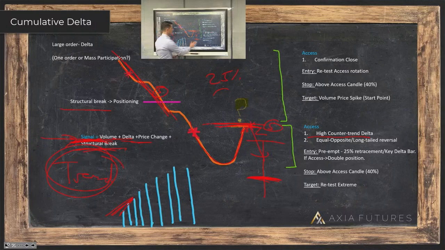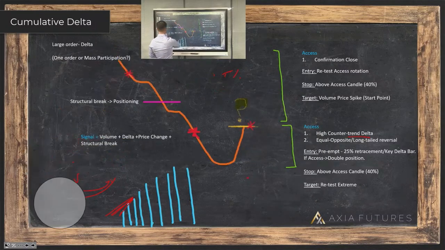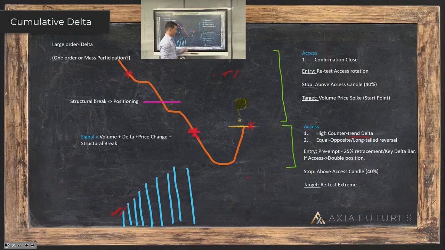Now, here's the catch, and here's where axis methodology is so powerful. If I wait for that long-tailed reversal, where's my stop? Because you all just said it a moment ago. You all just said, my friend told me he's selling the market, therefore, if it trades above where he said he's selling the market, well, I want to get out. It's the same with axis.